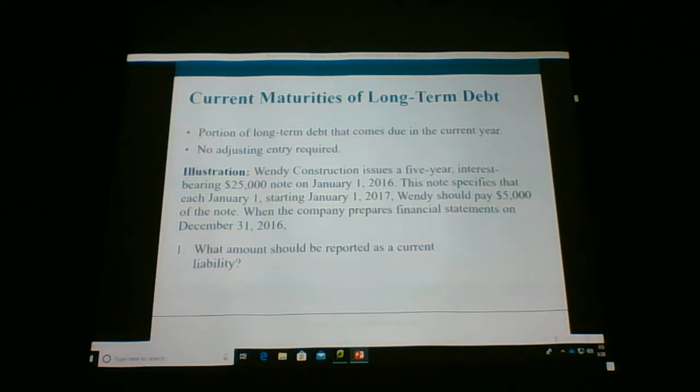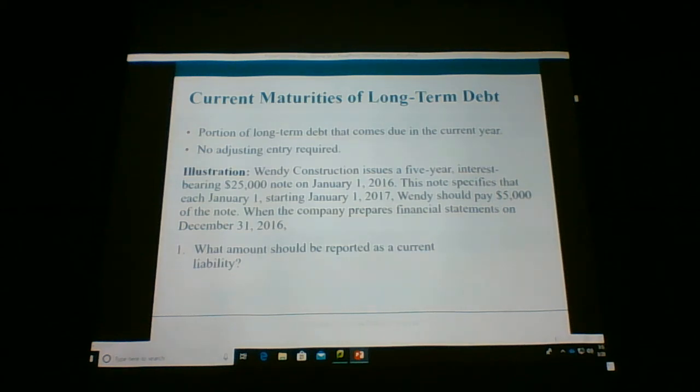Okay? If you don't know what I'm talking about, stay with me for a second and hopefully we'll get there. When we talk about this concept of current maturities of long-term debt, we're talking about the portion of a long-term liability that comes due in the current year.